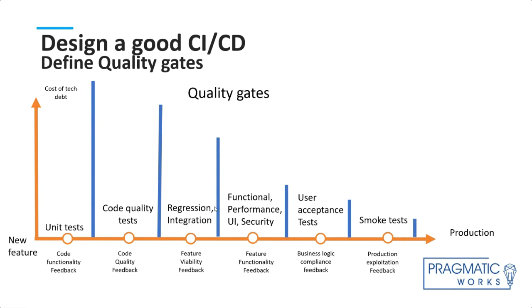And then we have smoke tests, which are very common and very specific and almost every time done by hand. So we don't need to implement them at the start, but the cost of tech debt is very low because you can do that and you may not do that. It depends on your choice.